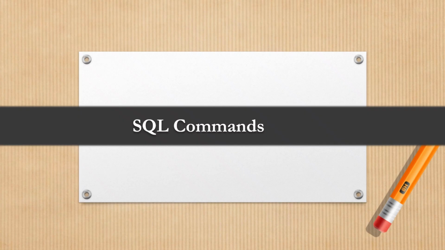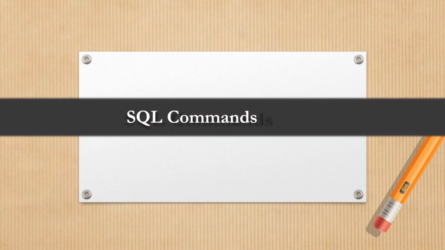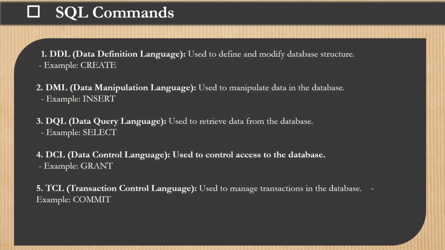SQL commands. You know that SQL means structured query language. Now we have to understand the commands which we need to use when we want to retrieve our data and do our data manipulation. We have five basically: DDL, DML, DQL, DCL, TCL.